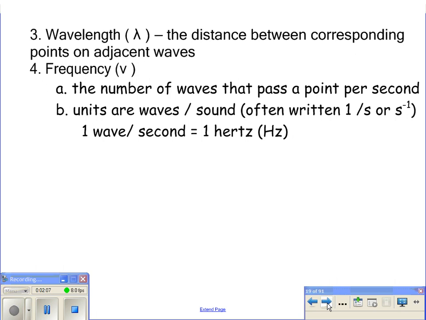You'll see this written as 1 over s, or s to the -1. Waves per second is also called hertz. So we will be using 1 over s, or s to the -1, most of the time, but that is also known as hertz. So when you see hertz somewhere, you know what that's talking about.